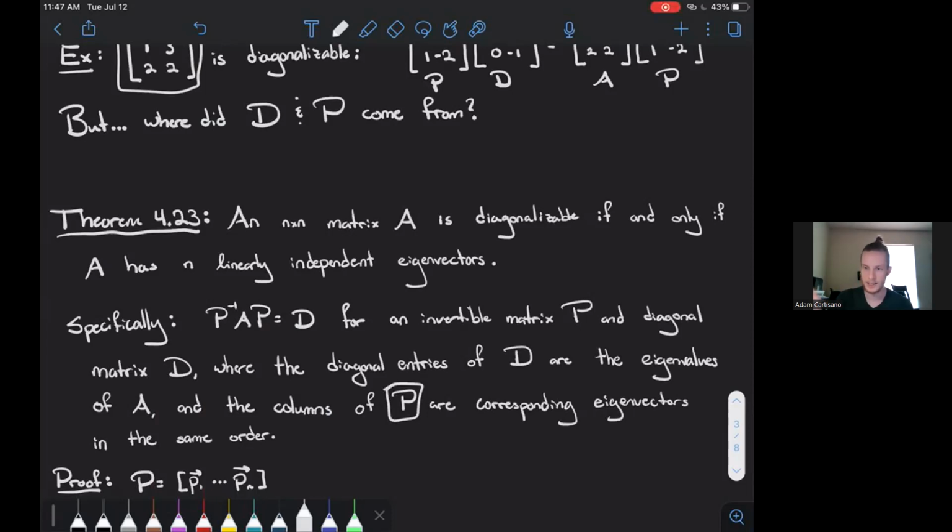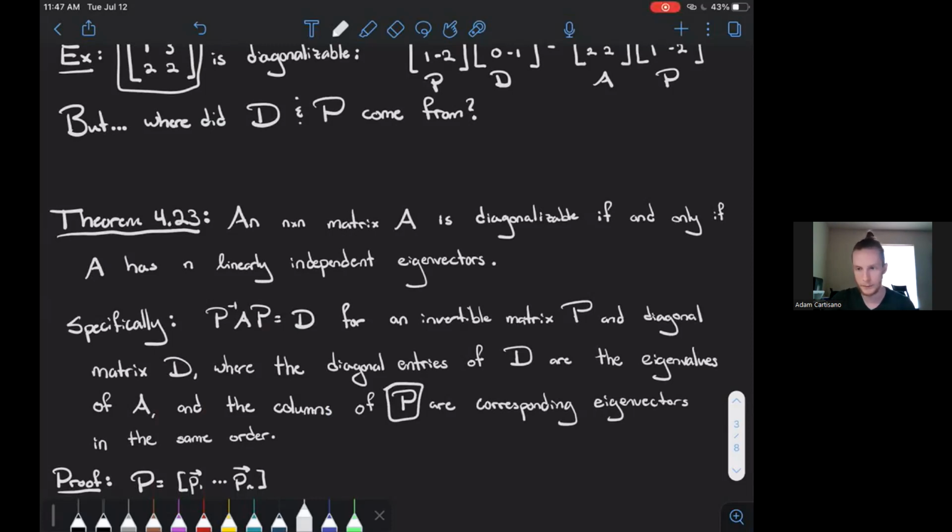It's in the order that you see them in the diagonal matrix D. So you can switch the order of the eigenvalues inside of D. Just make sure that when you construct your matrix P by putting in the corresponding column vectors, which are the eigenvectors, the eigenvectors line up with the corresponding eigenvalues in D.